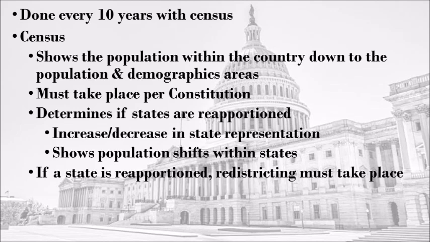In other words, is a state increasing its representatives, decreasing its representation in the House, or is that representation staying the same? If a state is reapportioned, in other words, gaining a member in the House of Representatives or losing a member in the House of Representatives, redistricting must take place. Redistricting is where we draw new district lines.